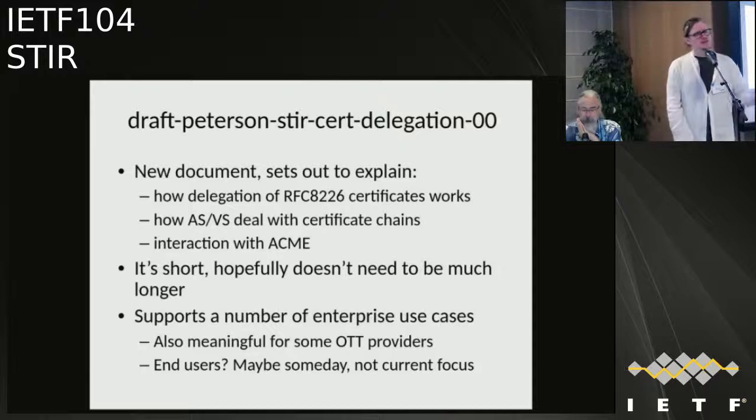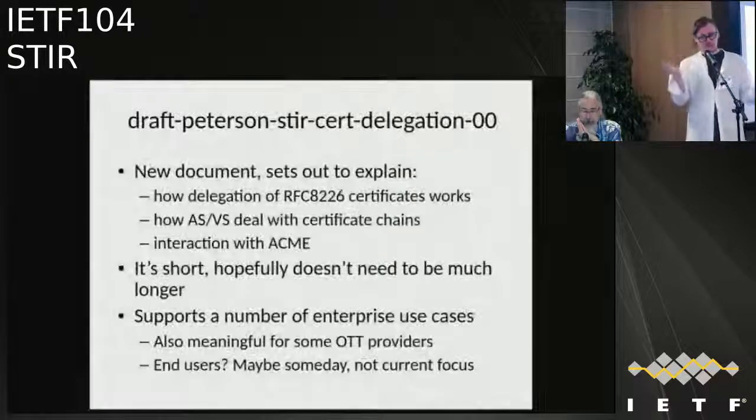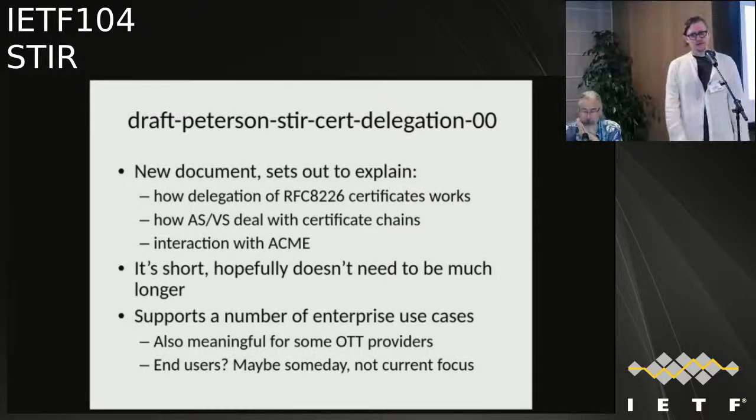And we alluded to this when Sean and I did RFC 8226. We had some text in there saying there should probably be some way you can delegate these resources, so that if you have an OCN or a telephone number block, you can create a subordinate certificate from that which will invest some subset of your authority to a different administrative entity.